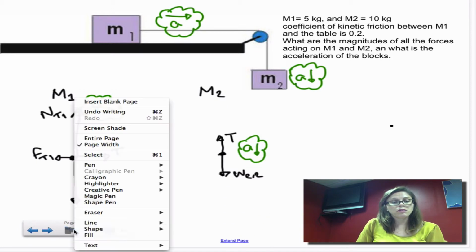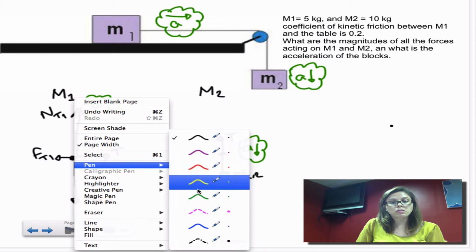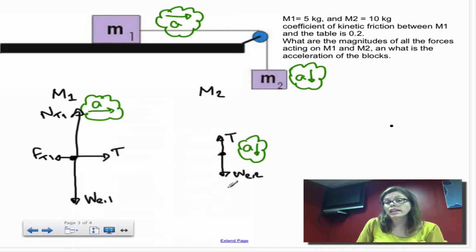Okay, so we could solve for a couple things pretty easily. Let's solve for the weights. I got this mixed up over here. Well, this one is drawn bigger, so let's make mass 1 10 kilograms and mass 2 5 kilograms.